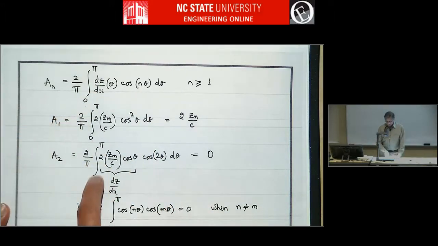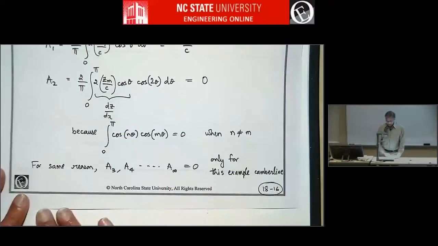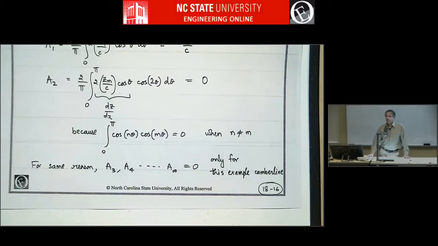Now if you integrate 0 to pi cosine n theta times cosine m theta, if n and m are different, the answer will always be 0. So A2 will be 0, and for that same reason all the a's from 2 and above will become 0 for this particular camber line, which is kind of remarkable how things simplify if you choose the correct transformations.